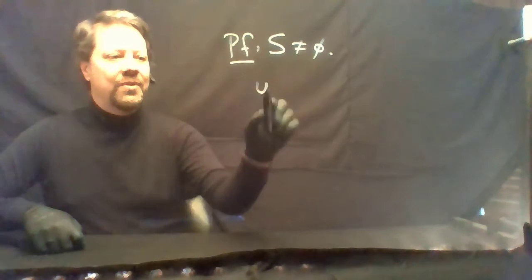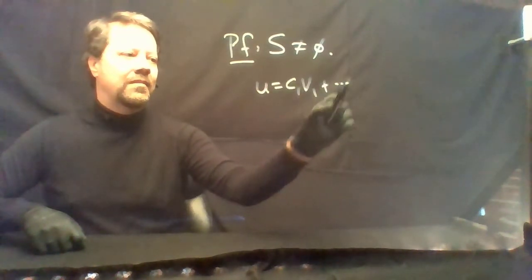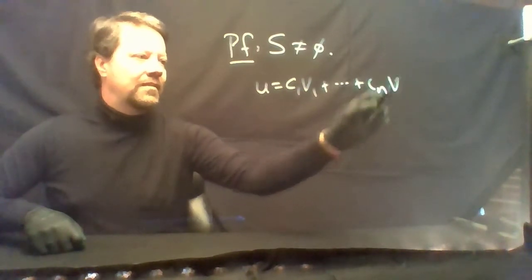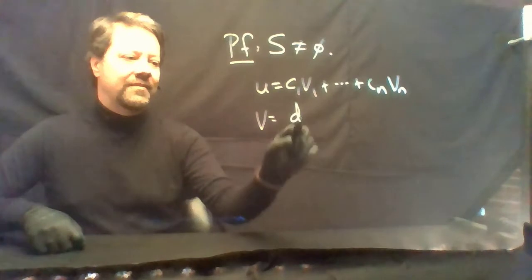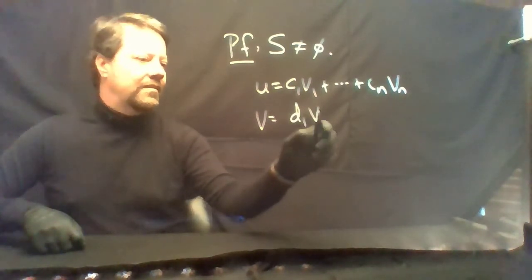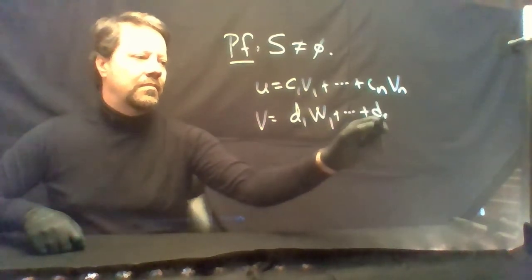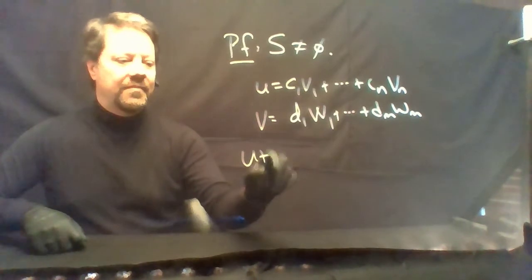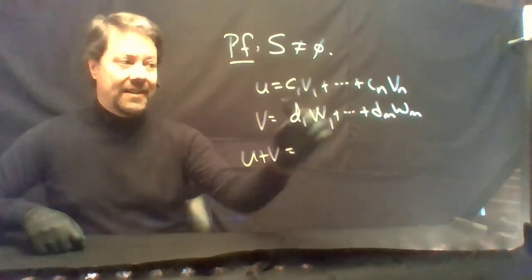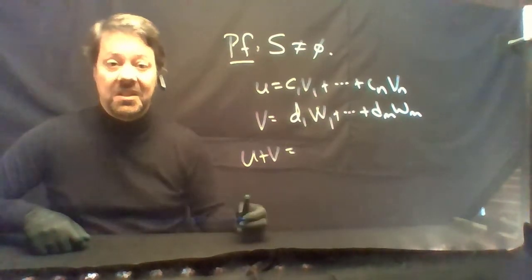If I have u, which is a linear combination, and v, which is also a linear combination, when I add them, what I get is the sum of a linear combination and a linear combination, which is still a linear combination.